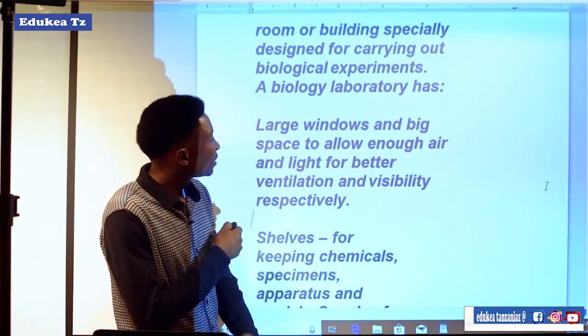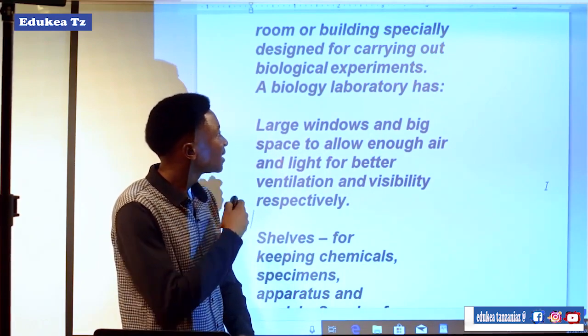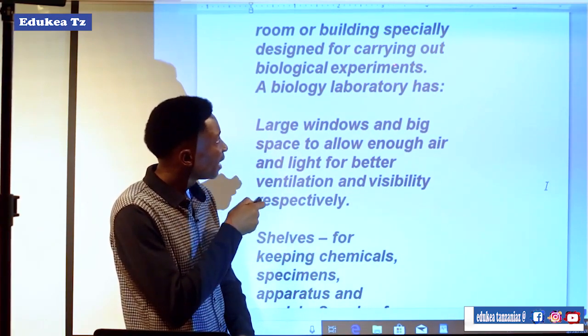And then we say large windows and big space to allow enough air.